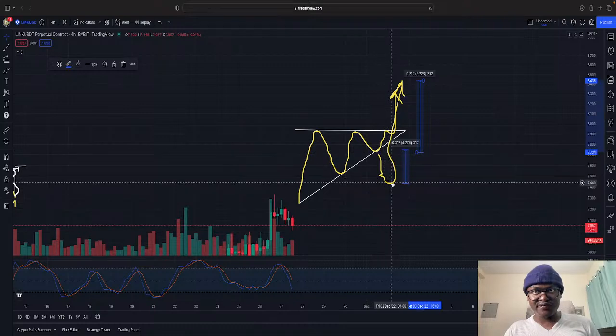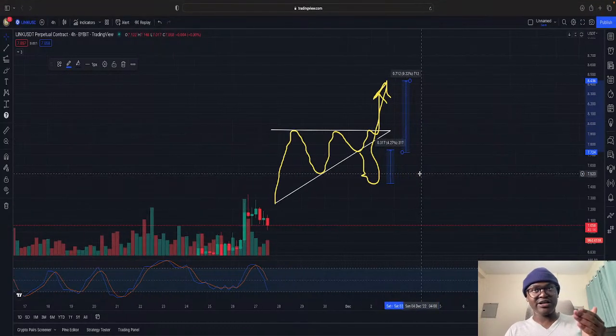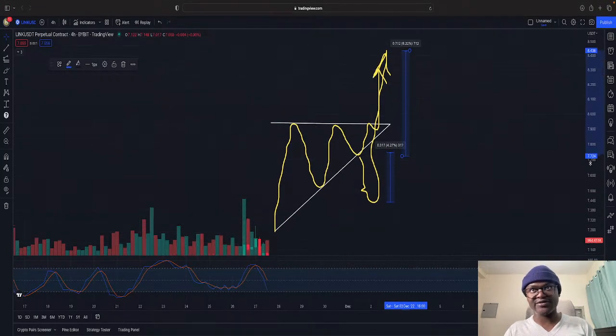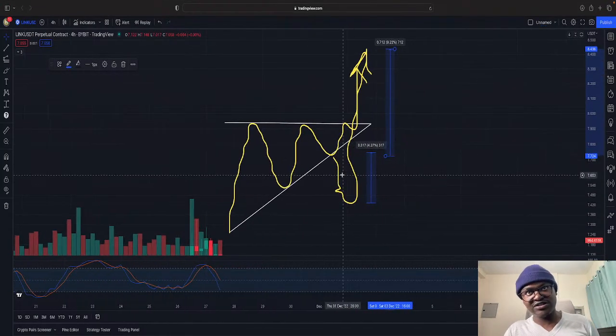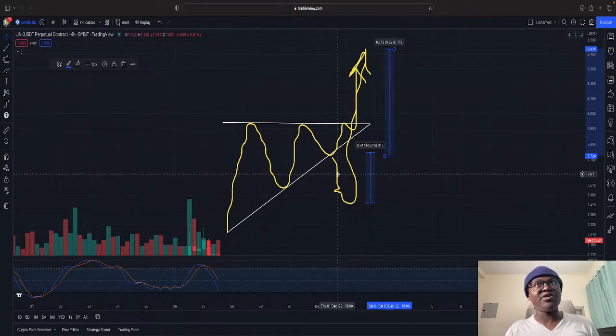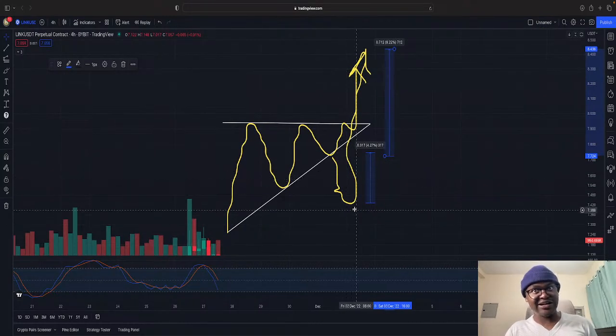If you wait to buy here, you could miss out on this because price can just go up from here. So if you are in a long where you have a stop loss, if you're swinging, you cannot put your stop loss anywhere here because you know that price can go down till here. You don't want to miss out on this rally.